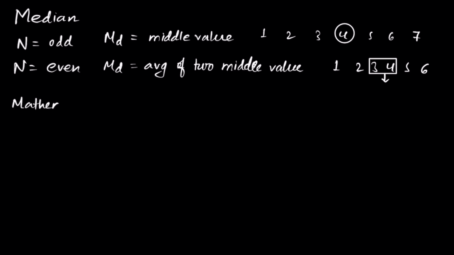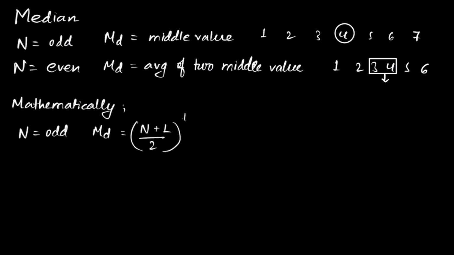Mathematically, when n is odd, median is equal to the (n plus 1) by 2th item or value when the values are arranged in ascending order. For example, 1, 2, 3, 4, 5, 6, 7.